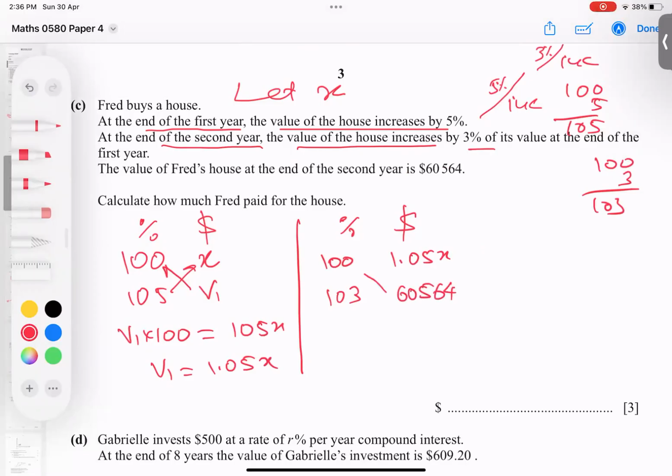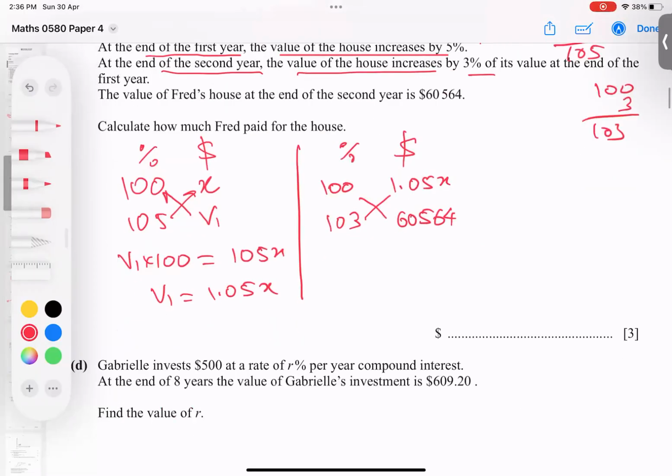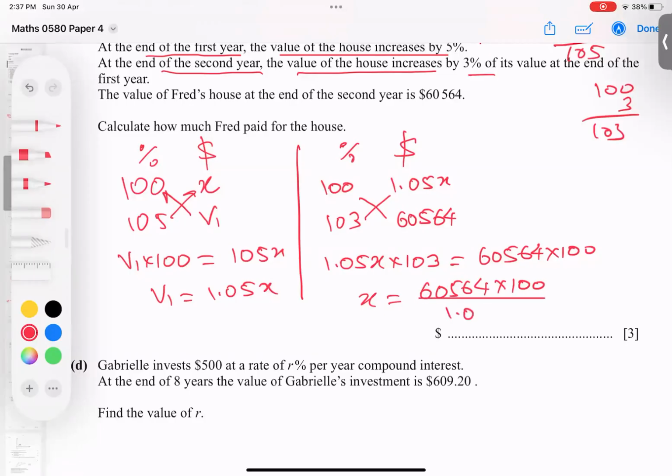60564, cross multiply. So when I multiply 1.05x times 103 equals these two values. So 60564 times 100. These two values both will divide down. I'll show you. 60564, two more zeros, and divided by what? 1.05 into 103.